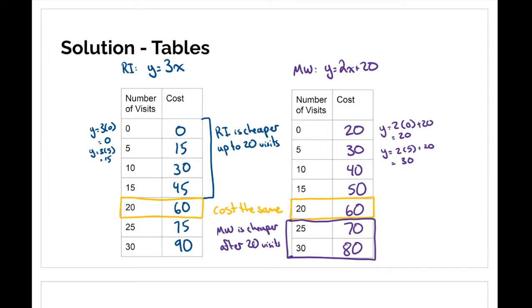So again, by creating a table of values for our two parks, we can see that one is cheaper than the other up to a certain point. At a certain point, they cost the same, and then after that point, one is cheaper than the other. So again, the same thing that we saw in the graph.